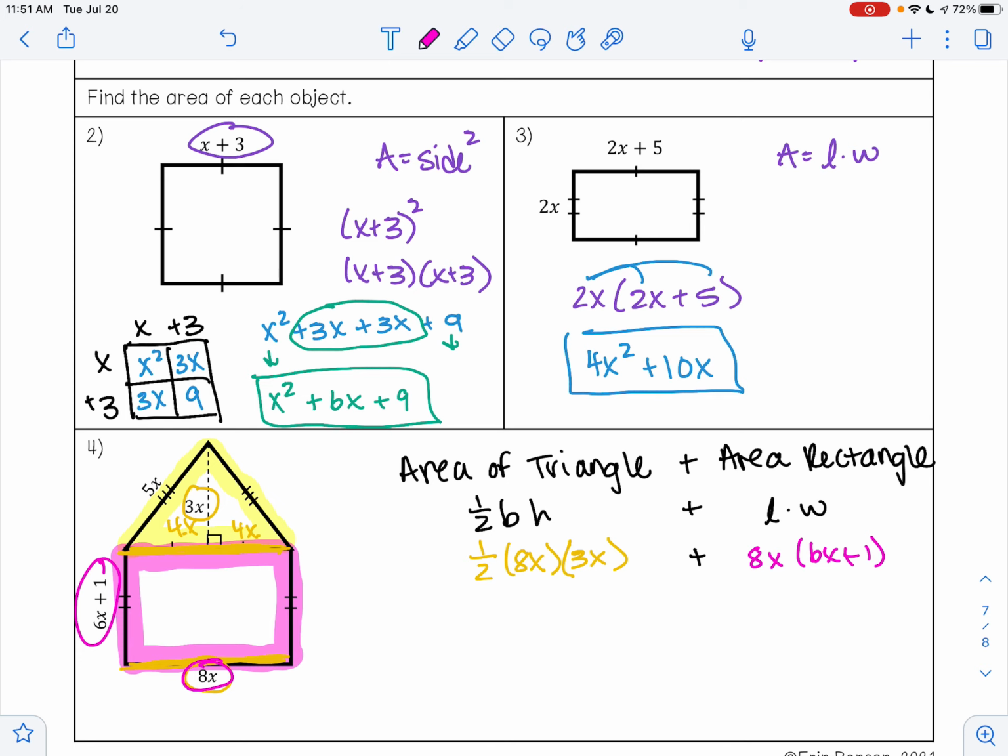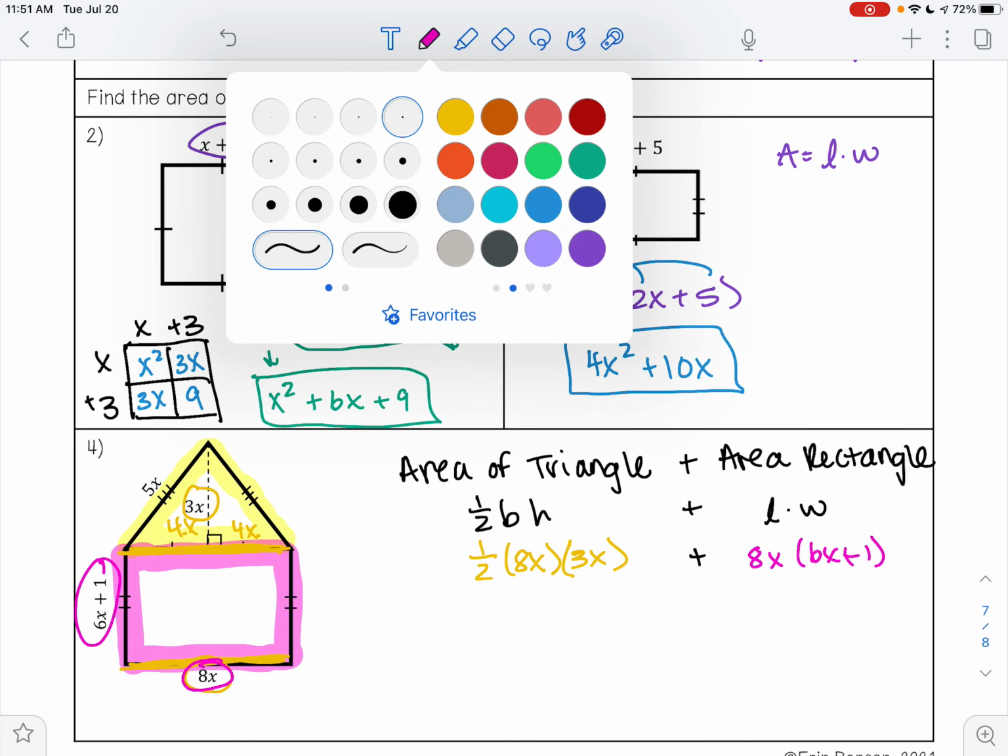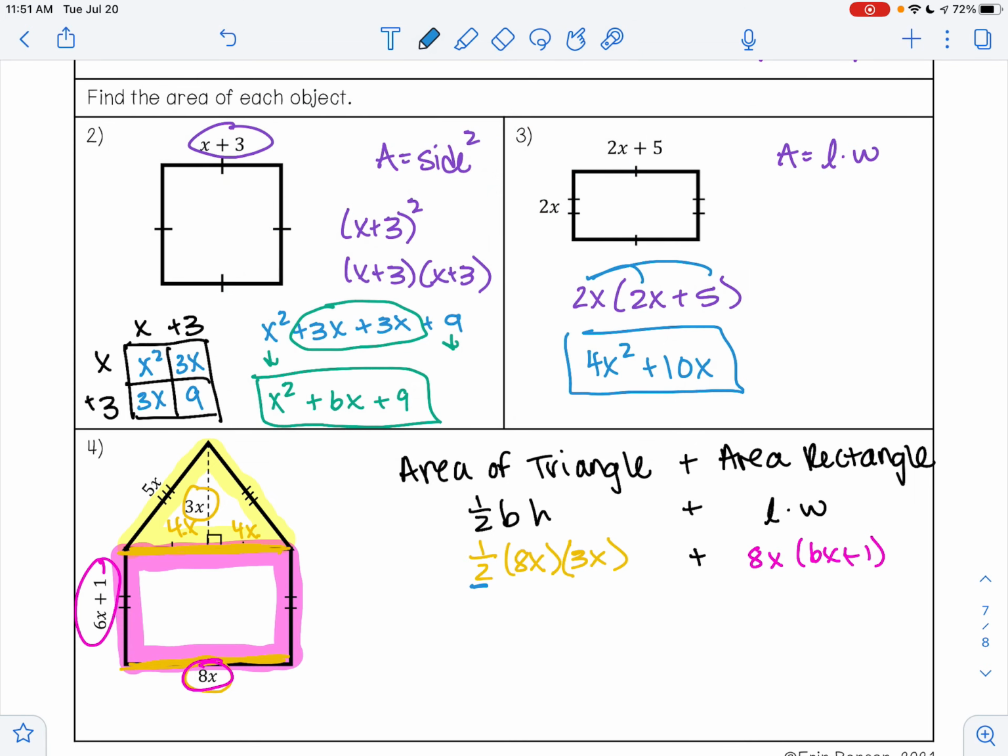So let's go ahead and simplify this a little bit. 1/2 of 8x is 4x. Over here, I'm going to distribute. 8x times 6x is 48x squared. 8x times 1 is 8x. 4x times 3x is 12x squared.